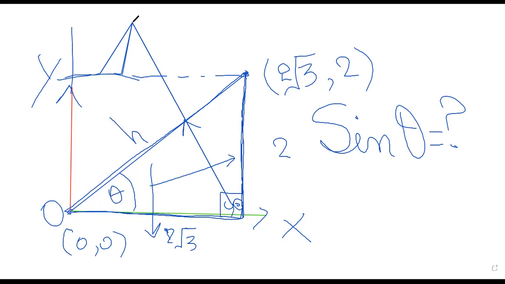If you are recalling, you are looking for the sine. So sine is the opposite side divided by the hypotenuse. But the hypotenuse is not given.